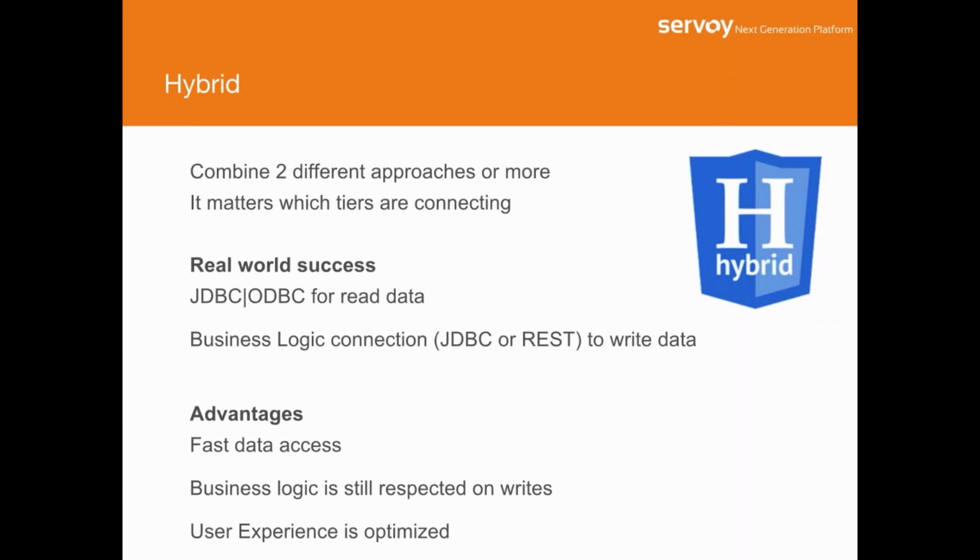In the real world, we're seeing a lot of JDBC, ODBC for reading data, and then where necessary, writing back through business logic connectors, web services in many cases, to do the writes. So the business logic is still respected, but you get all the benefits of object relational mapping tools and fast performance on the reads.